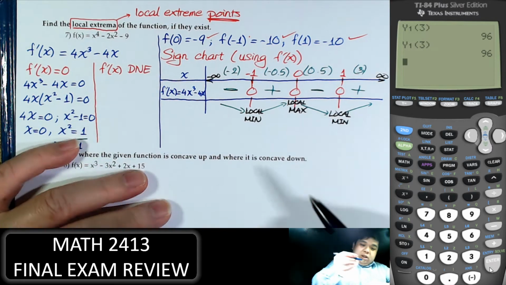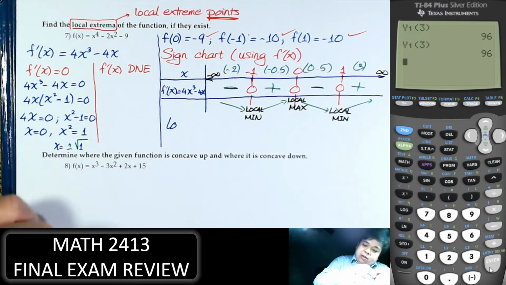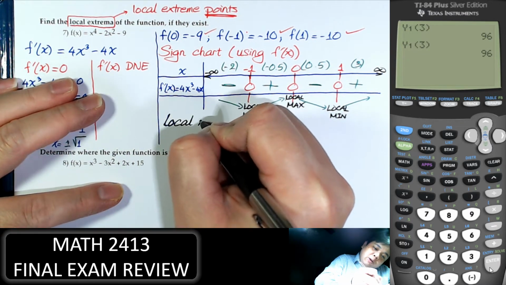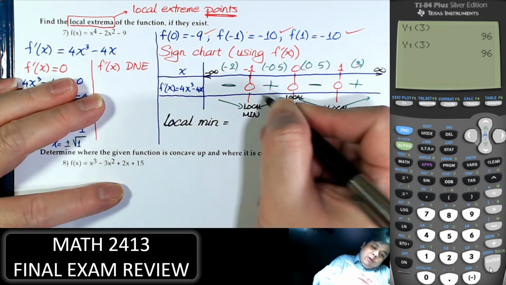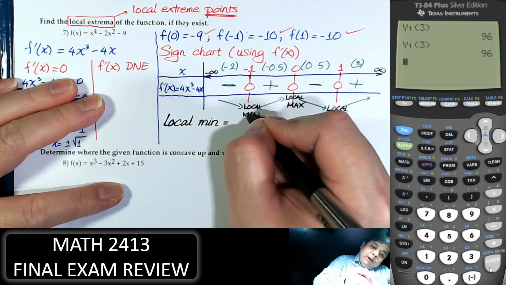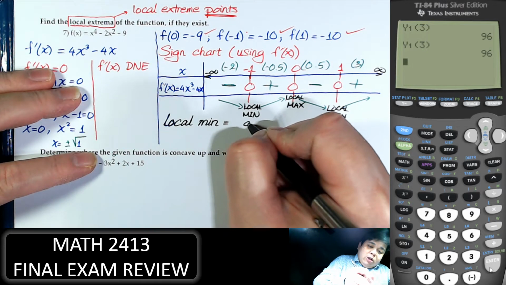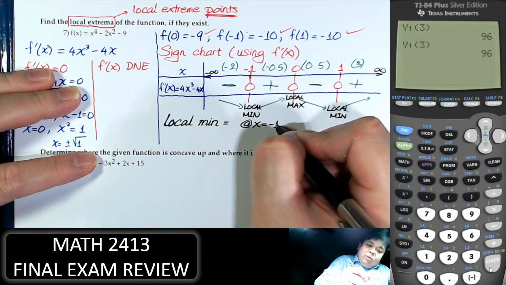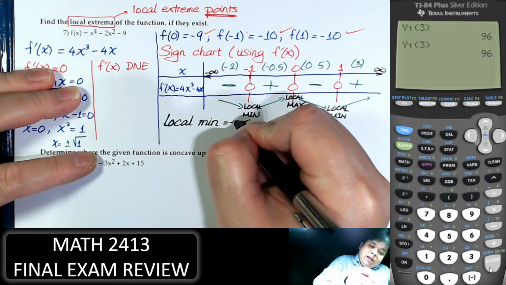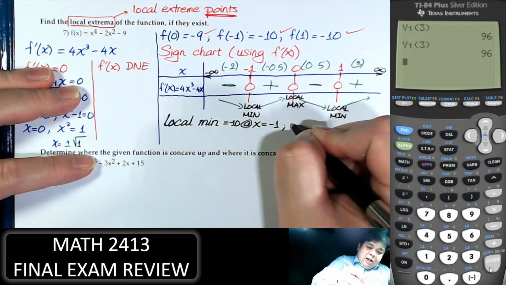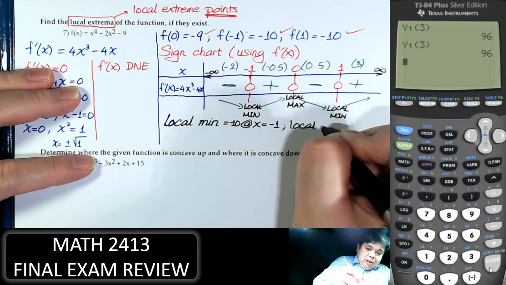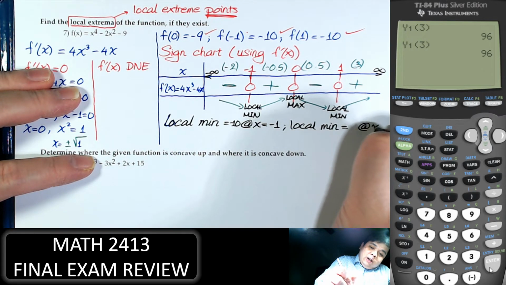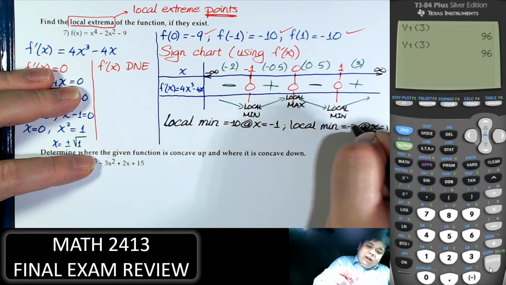Right, so we said local min, but we know it's going to be at negative 1. When x equals negative 1, y equals negative 10. Right, and then local min at x equals 1, also negative 10.